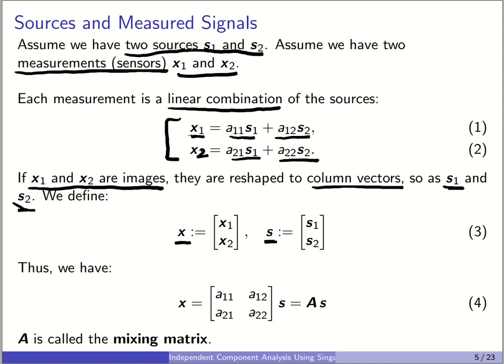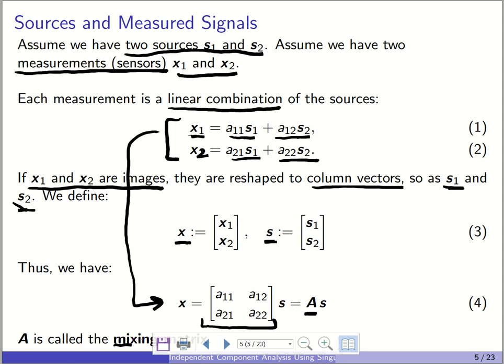Then in matrix form, this can be written as X equals the matrix A11, A12, A21, A22 times S, and we name this matrix capital A, and it's called the mixing matrix A.